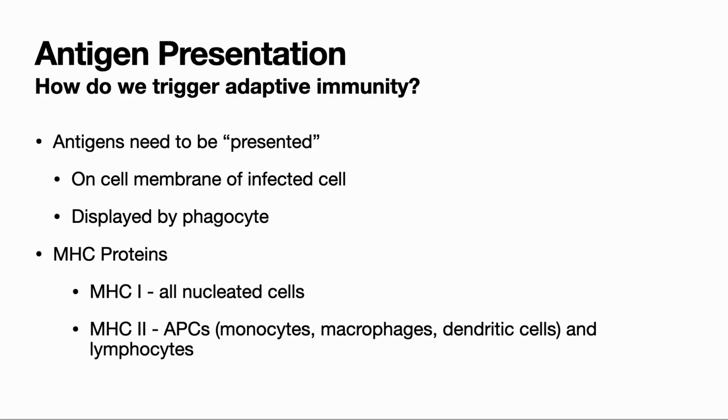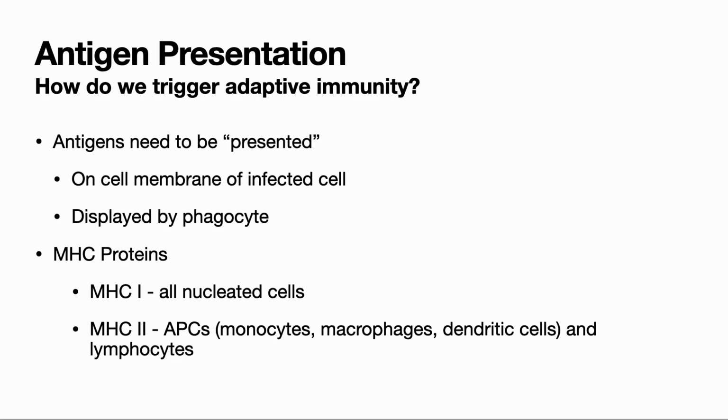So any cell in your body, if it has a nucleus, can make MHC1 and it can present antigens on its surface using MHC1. So in other words, if any cell in your body gets infected by a virus, it can take a piece of that virus, an antigen of that virus, it can attach it to MHC1, and it can put it on its cell surface so that your lymphocytes can see it and do something about it.